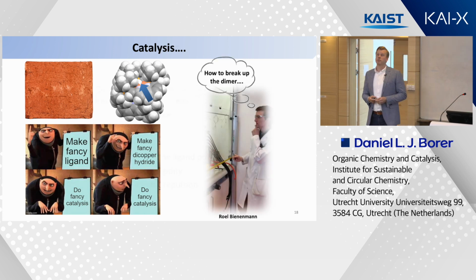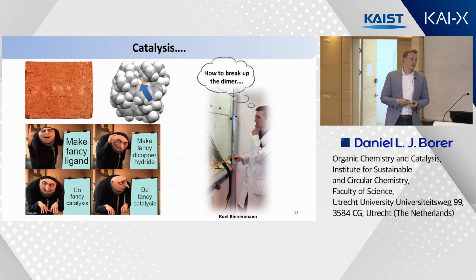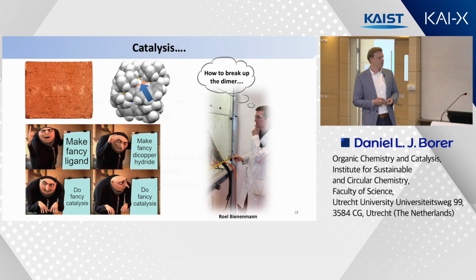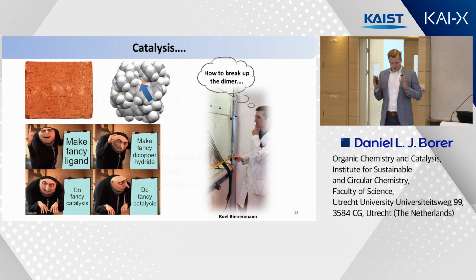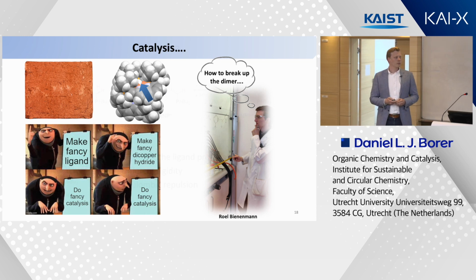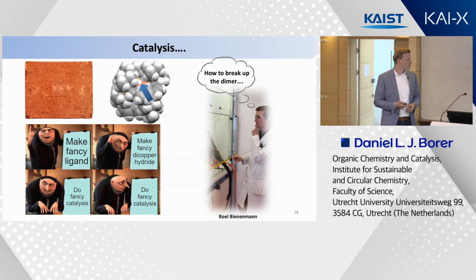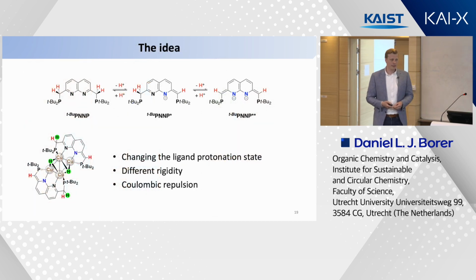So, I think 3.5 years ago, I had a very good PhD student starting my group, Broere Bieneman, and I asked, can you think of a way how to break up this dimer and get copper hydride catalysis? So together we came up with the following idea.